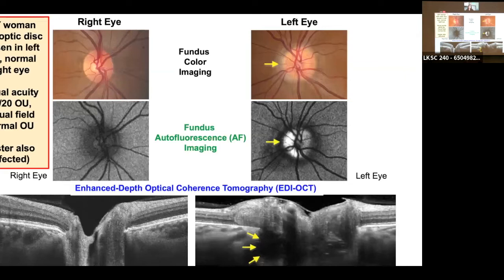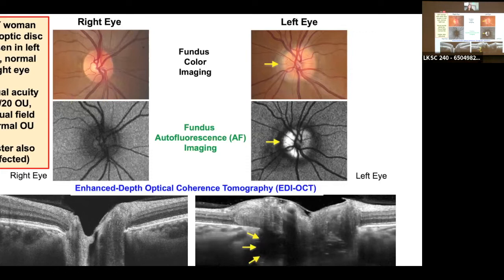This is a patient with autosomal dominant familial optic drusen. You can see that the right eye has a relatively flat appearance. There is some deeper drusen deposit, but from the surface, you look at it, you really don't see anything. And on the autofluorescence imaging underneath it, you also really don't see much.